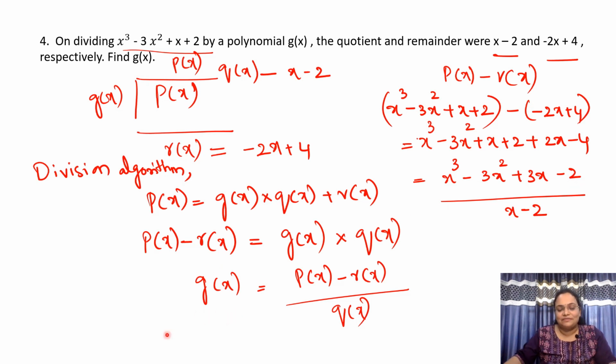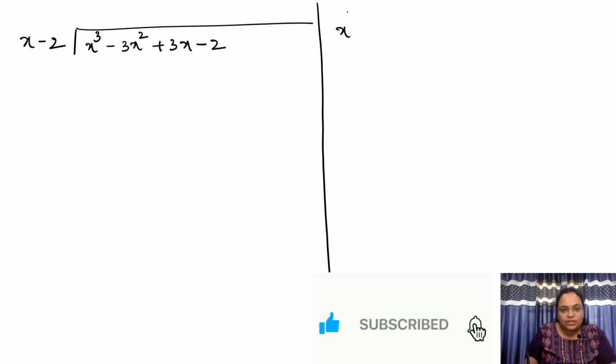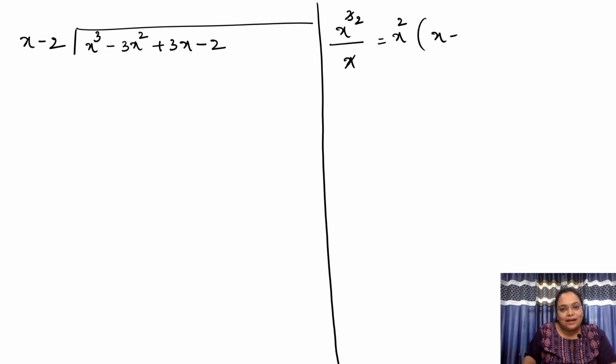Now let us divide. To divide, what is the first step? We will divide the first term of p(x), which is x³, by x, which is x². You will multiply it with x - 2 and get x³ - 2x². Take x² in the quotient and write the remaining terms here.